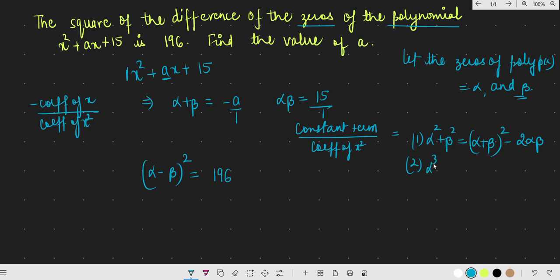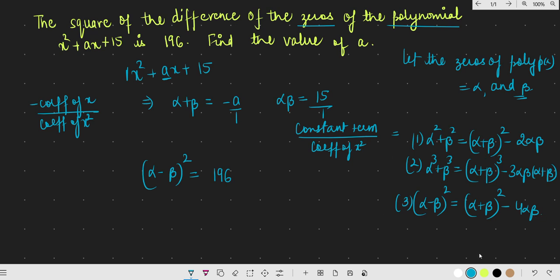Then it's alpha cube plus beta cube, which is alpha plus beta ka whole cube minus 3 alpha beta into alpha plus beta. And the lesser known formula of the 3 is this alpha minus beta ka whole square, जिसे लिखा जाता है alpha plus beta का whole square minus 4 alpha beta. You have to remember these 3 formulas as the concept, right?